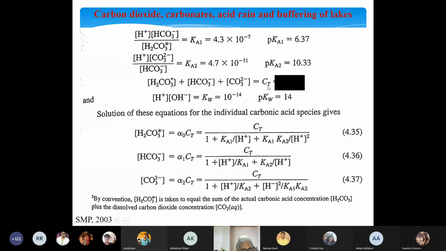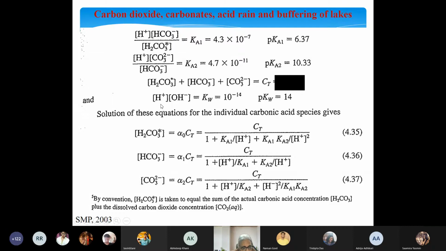CT means total carbon. C stands for concentration and T stands for total, so CT is the total concentration. In our case, we are doing a mass balance for carbon. So we have three carbon species: H2CO3*, bicarbonate HCO3-, and carbonate CO3 2-.